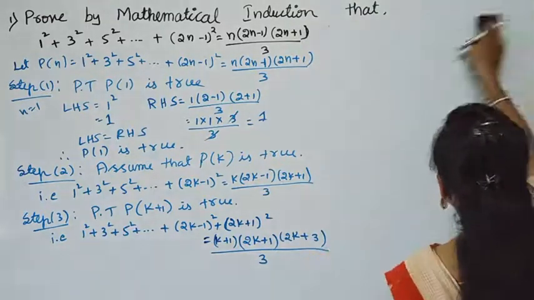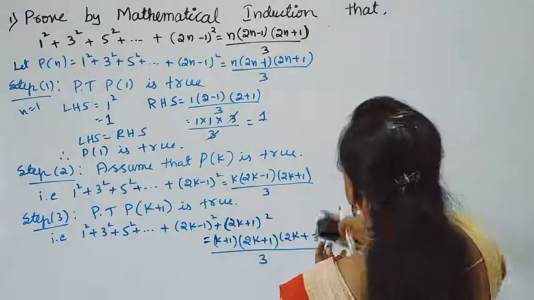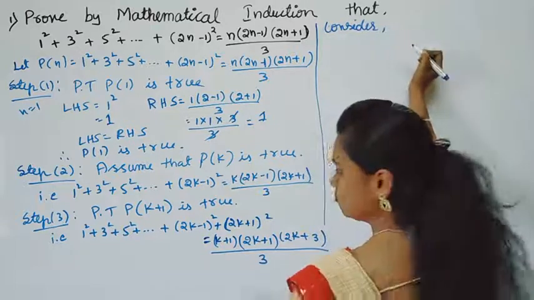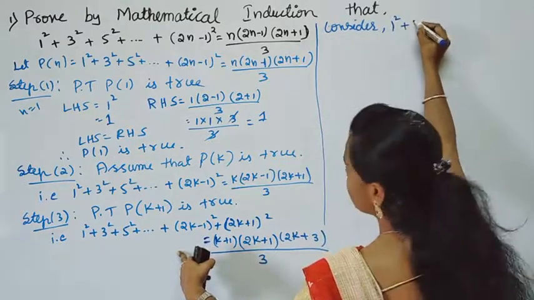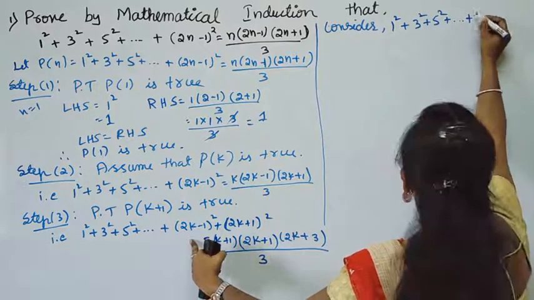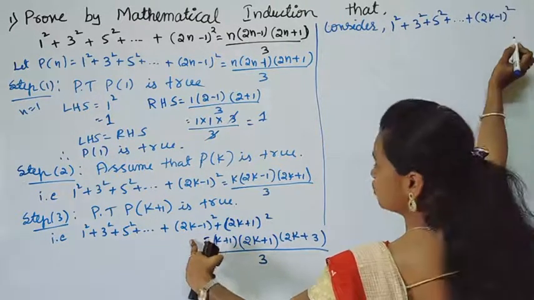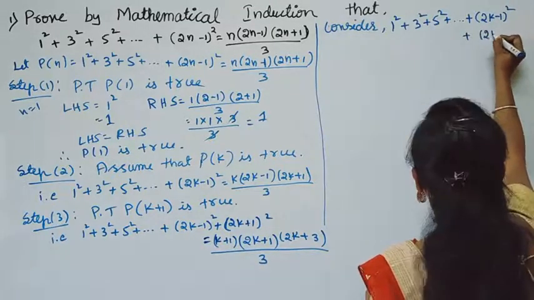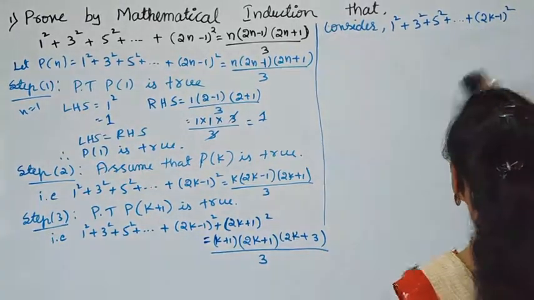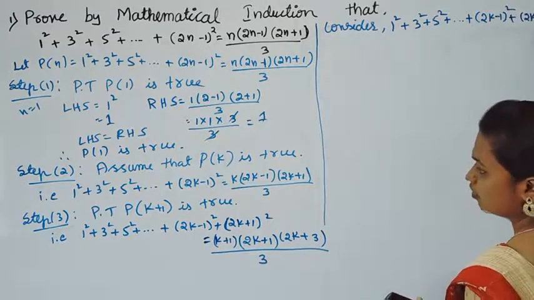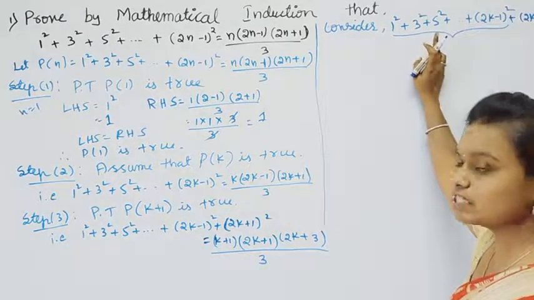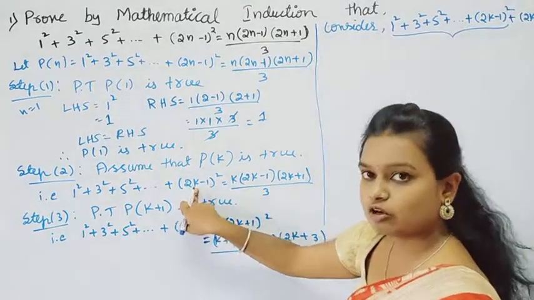So for that, consider the LHS. What is our LHS? 1 square plus 3 square plus 5 square plus etc. plus (2k minus 1) the whole square, and the last term is plus (2k plus 1) the whole square. 1 square plus 3 square plus 5 square plus etc. plus (2k minus 1) the whole square is equal to what?